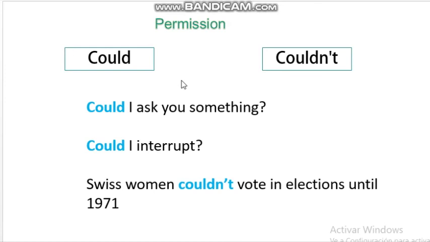Could is the past form of can. The examples: "Could I ask you something?" instead of "Can I ask you something?" Could is more formal. "Could I interrupt?" "Swiss women couldn't vote in elections until 1971." Couldn't is the past tense of can't, remember.